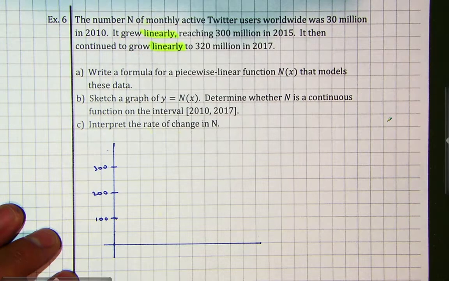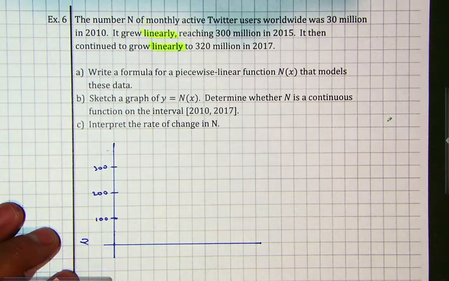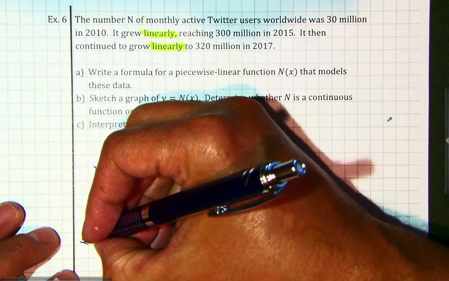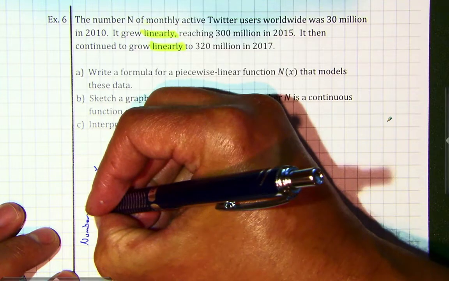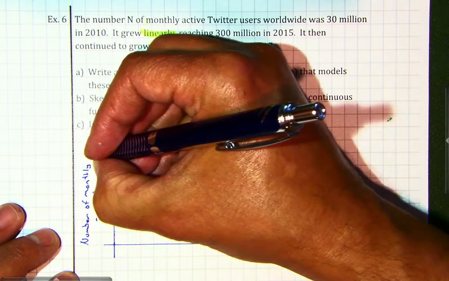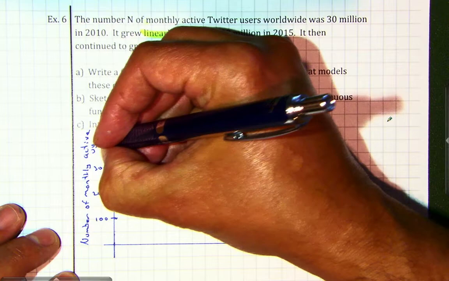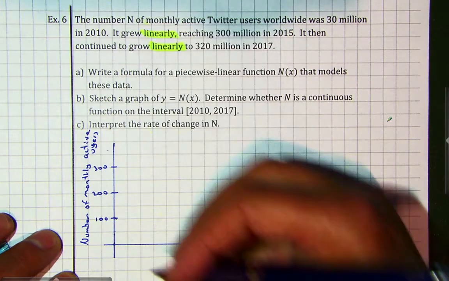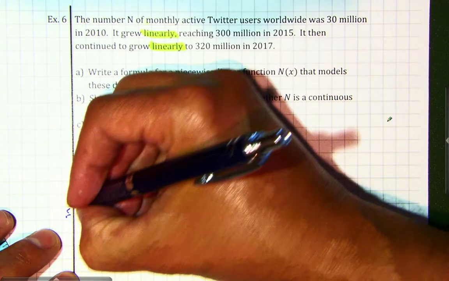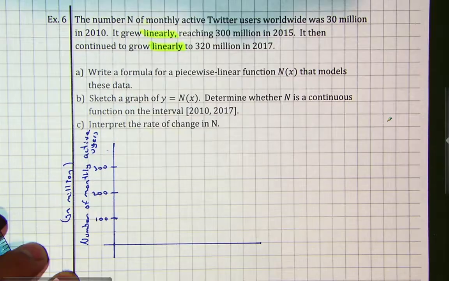The y-axis corresponds to the number of monthly active users, and we have to make sure that it's in millions.